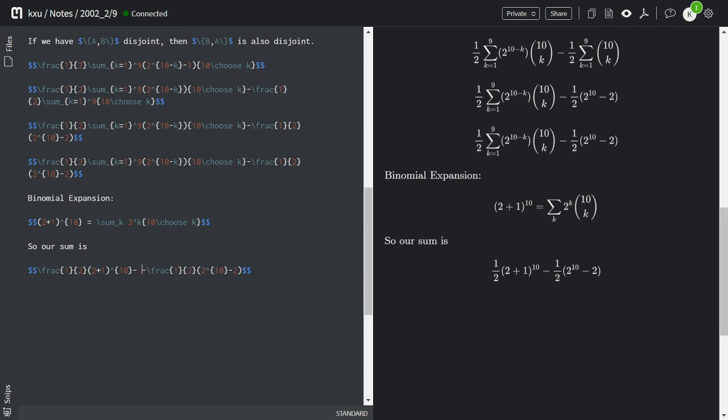So we have to subtract out the extraneous cases, which are when k equals 0 gives us 2 to the 10 times 1, so that's 1024, plus the 10 case, sorry, because we just did k equals 0, which would be 1 times 1, so 1.